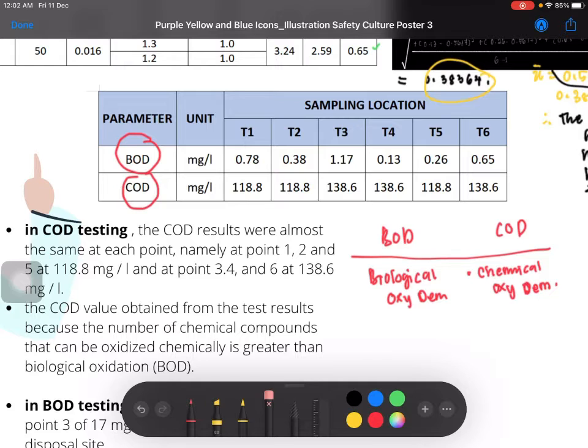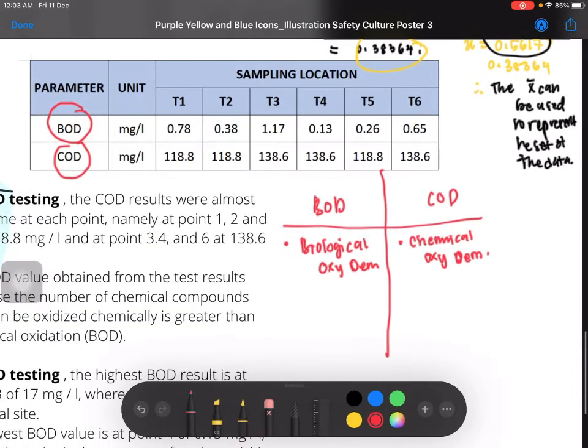So what is the difference between BOD and COD? The meaning itself gives the difference.